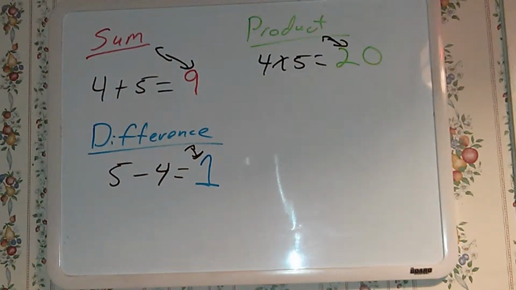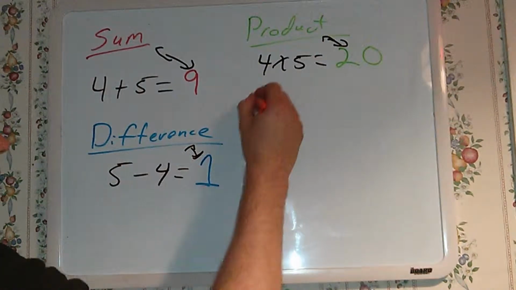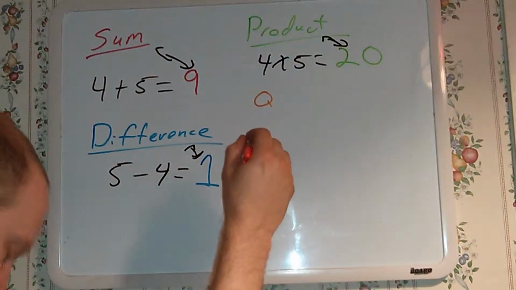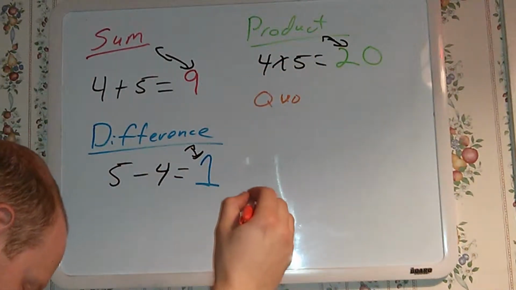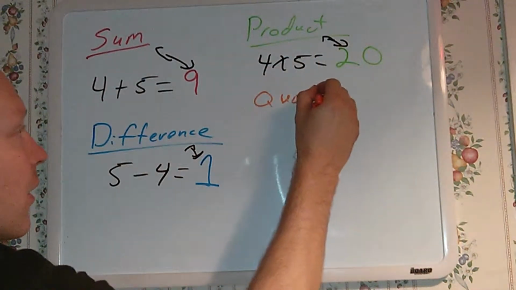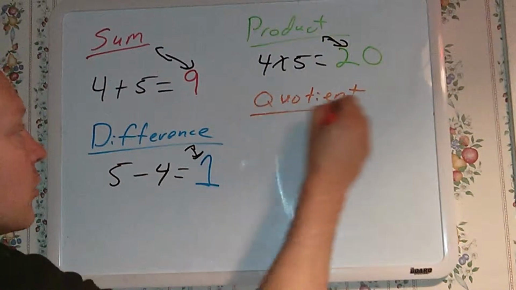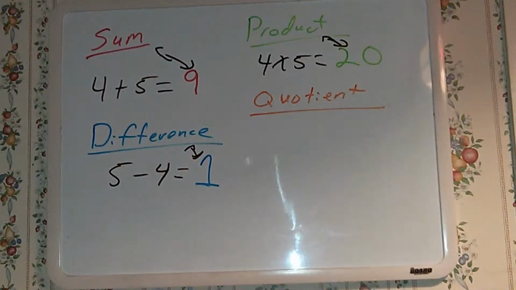Now, you'll notice there's one major operation that we have not addressed yet, and that is division. And so, let me make sure I spell this correctly. The result of division, that's a U, is called the quotient. Q-U-O-T-I-E-N-T. And let's not use 4 and 5 because they don't divide very nicely.